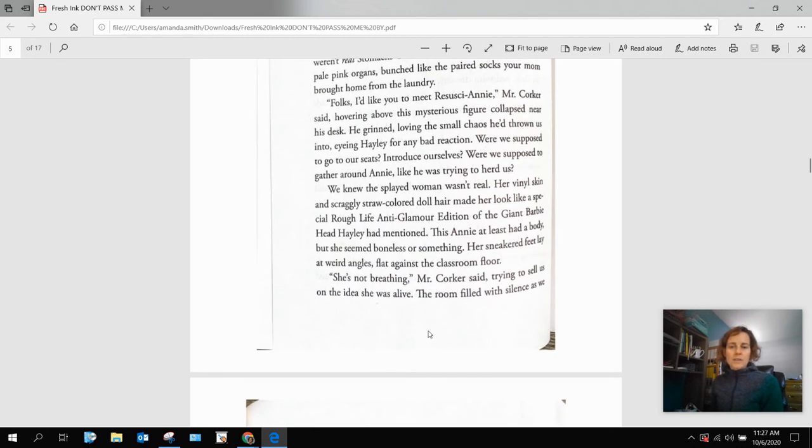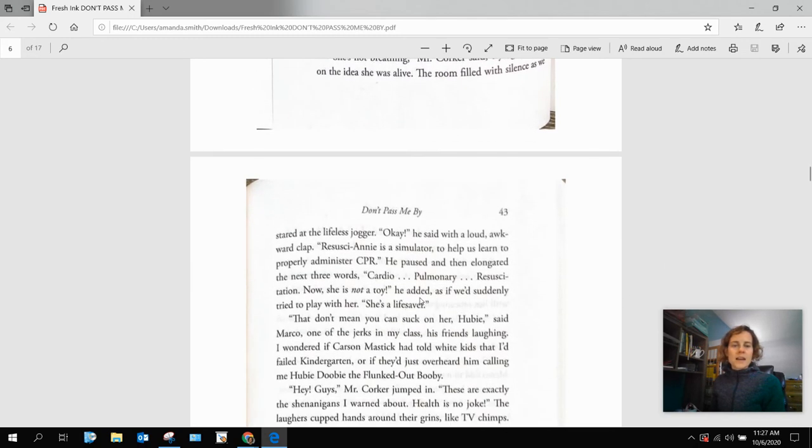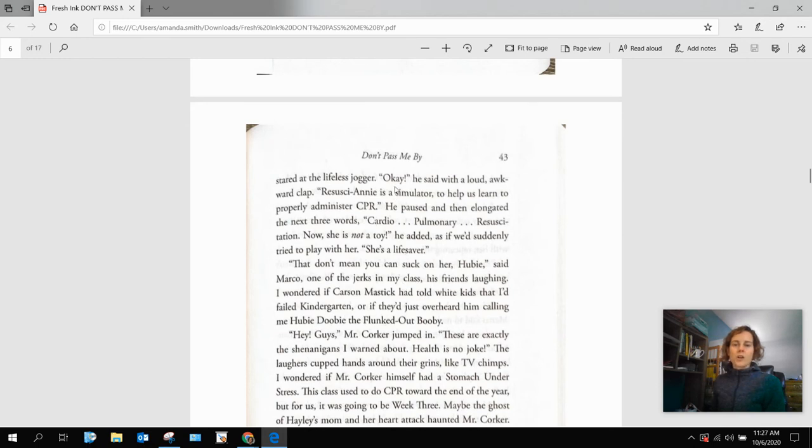She's not breathing, Mr. Corker said, trying to sell us on the idea she was alive. The room filled with silence as we stared at the lifeless jogger. Okay, he said with a loud, awkward clap. Recessa Annie is a simulator to help us learn to properly administer CPR. He paused and then elongated the next 3 words. Cardiopulmonary resuscitation.